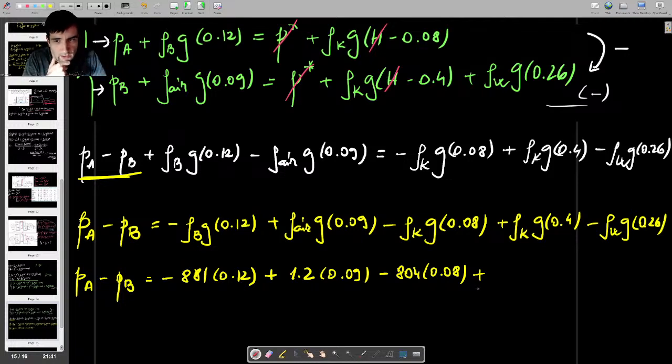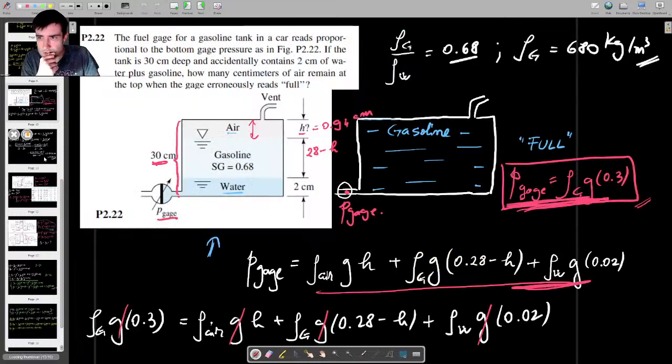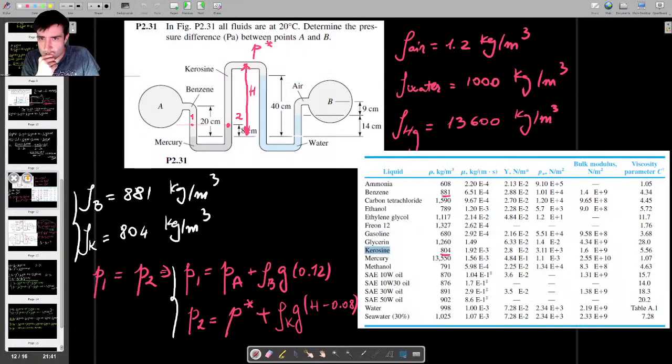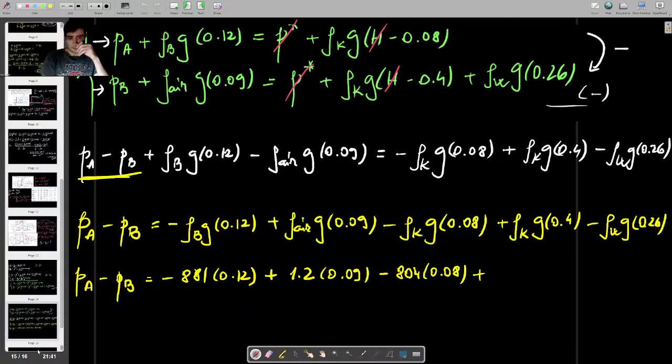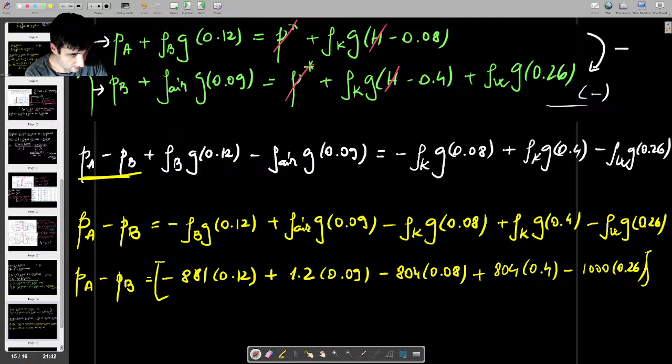So I have another density of the kerosene here. Is that right? Yeah, that should be right. Okay, so I'm just not using mercury. So density of the kerosene again is 804, I think, times 0.4 minus 1000 times 0.26, and the whole thing is multiplied by G, which is 9.81.